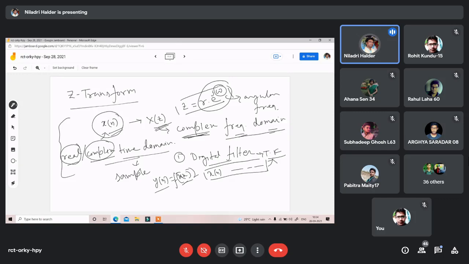Suppose, then after the Z transform you will get Y(z) equal to X(z) H(z). That type of expression you will get. Here H(z) is defined as the transfer function of the sequence, and the value of H(z) is obviously Y(z) by X(z).